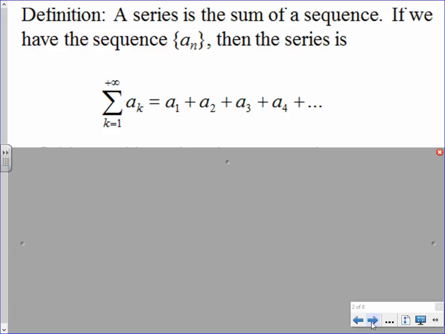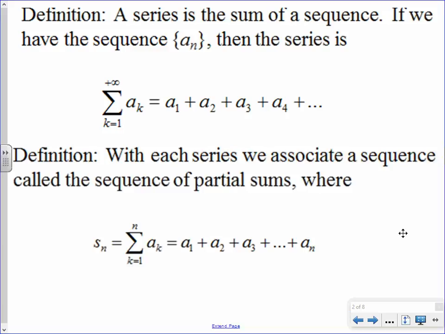If we have a series that adds up a finite number of terms, then we call that a partial sum. So above we have an infinite series, and below here we have a partial sum.